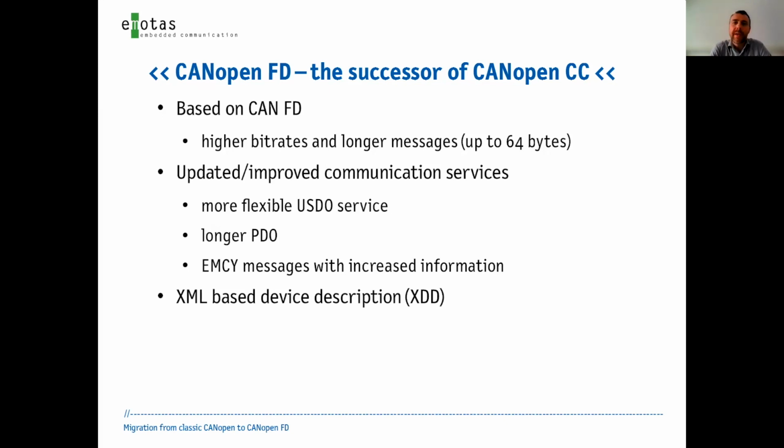So we have a more flexible USDO service, and obviously longer PDOs and emergency messages with an increased amount of information. And now with CANopenFD, we also have XML-based device description files. These are the main features which have changed, and now I'd like to address them in detail.